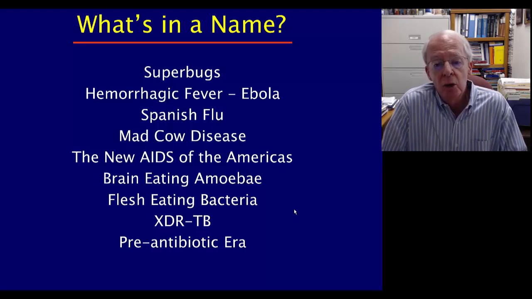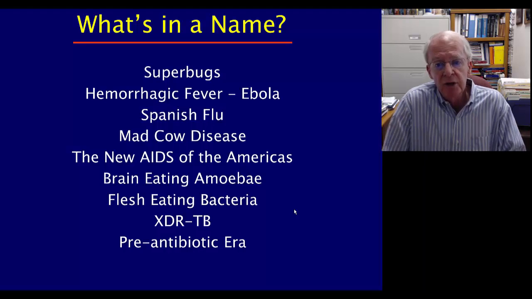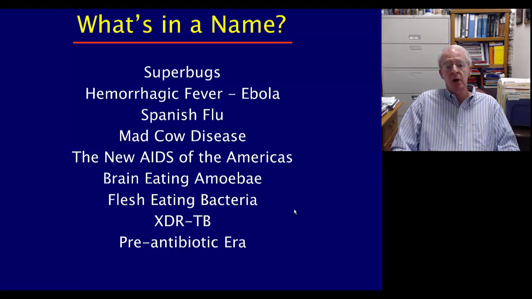The media enjoy covering these diseases. A number of names have been used that capture the attention of the public. Superbugs for drug-resistant organisms, hemorrhagic fever, Ebola, an ongoing problem currently, certainly captures media attention.